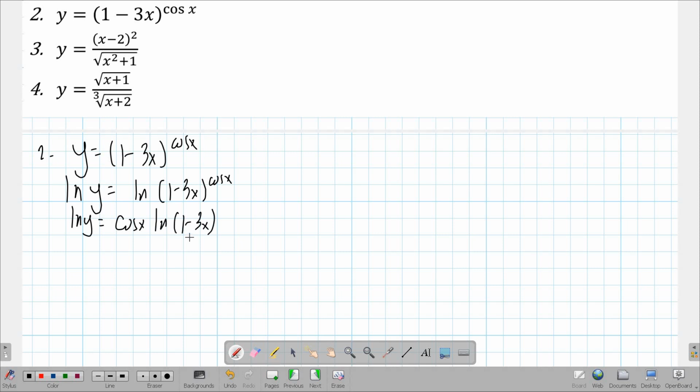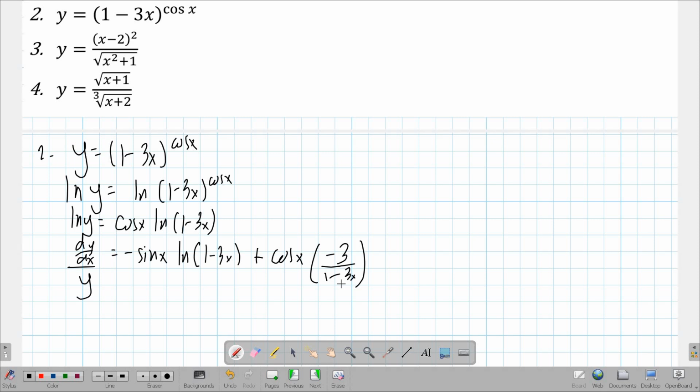Now we can apply our rules of differentiation. So from here, this becomes dy over dx all over y is equal to the derivative of the first, which is negative sine x, times the original second one, plus the first one, cosine x, times the derivative of ln of 1 minus 3x, which is negative 3 over 1 minus 3x.